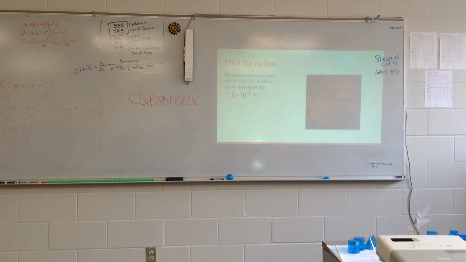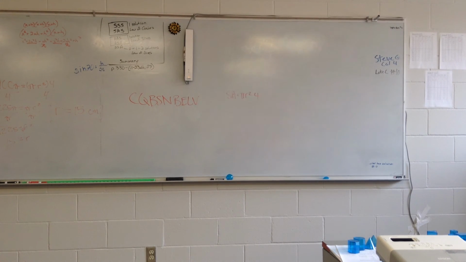One thing I would do, when I'm given the surface area with pi in it, when I have pi on both sides, first thing I would do is divide by the pi right away.